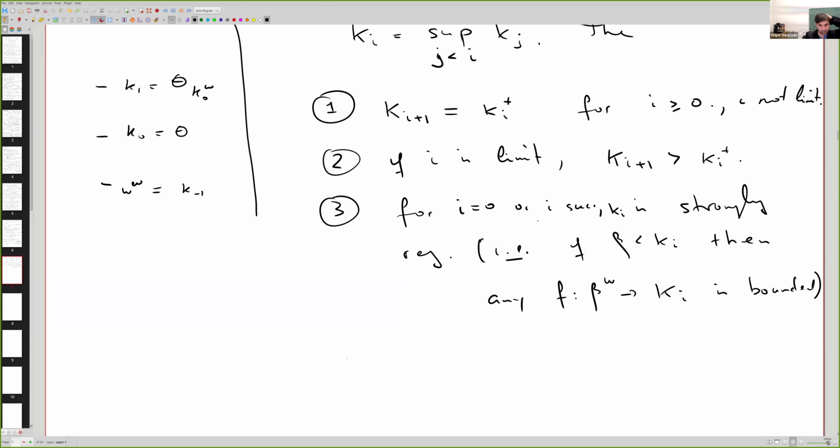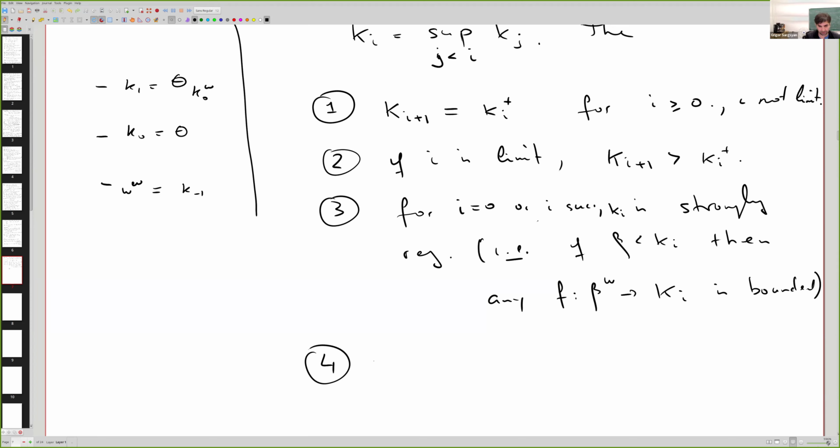4, if you're familiar with fine structure, there's some kind of acceptability. If a subset of kappa 0 is constructed at some point, then it's constructed before kappa 1.